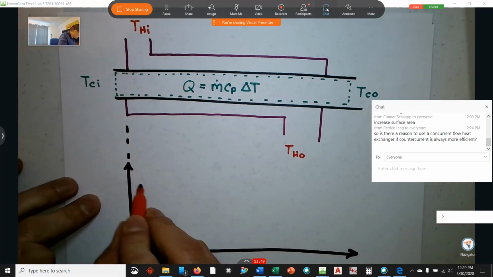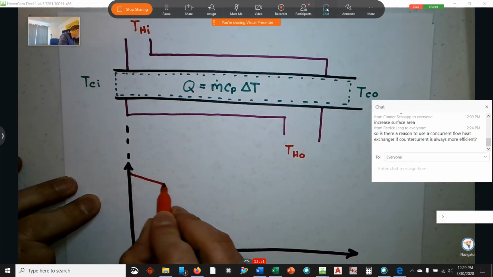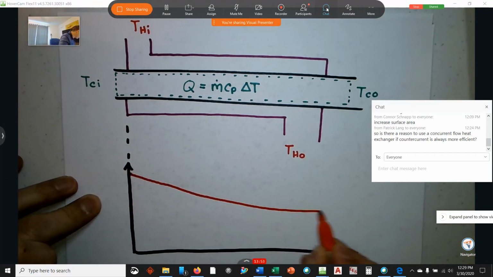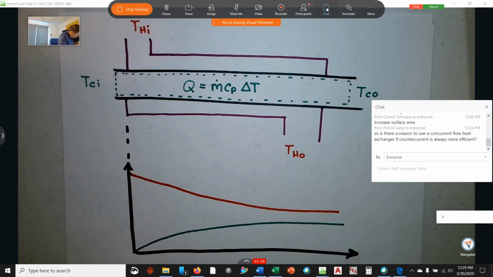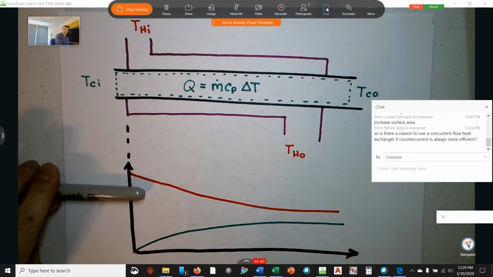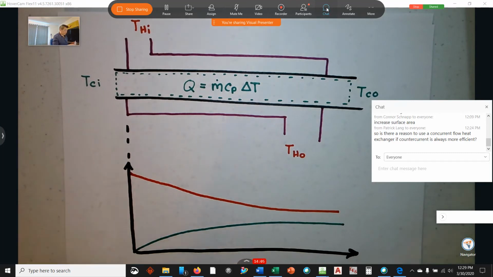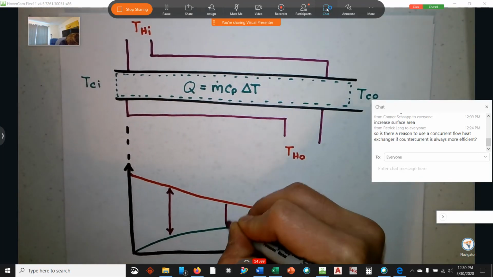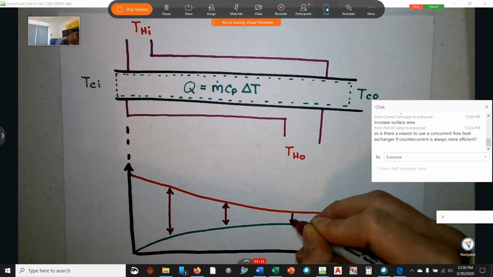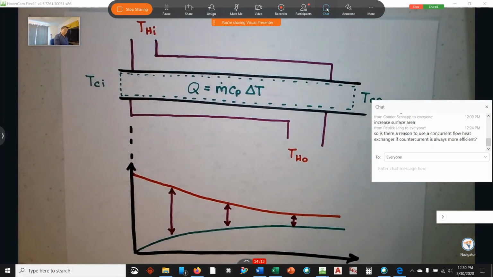But the idea that we would like to get a sense of Q from the hot stream to the cold stream.